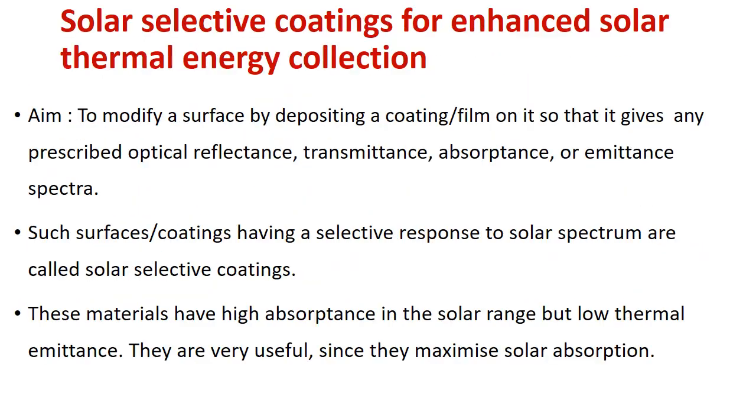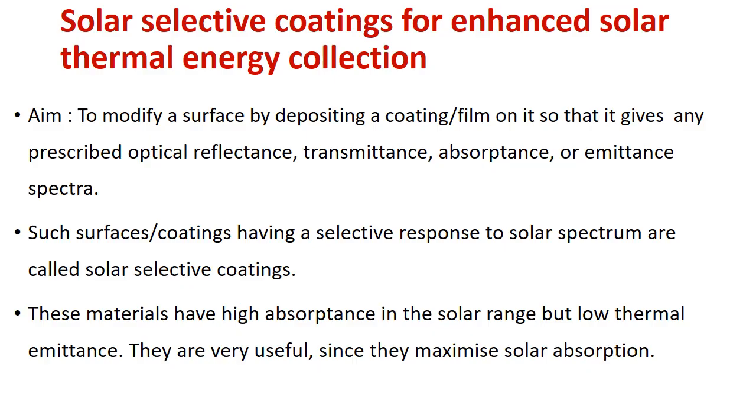Now we are going to deal with the various types of solar selective coatings for increased solar thermal energy collection. So we already have a metal or a material which absorbs solar energy. Now to increase the absorption rate of the material, it can be coated with various selective coatings. These coatings are known as solar selective coatings.